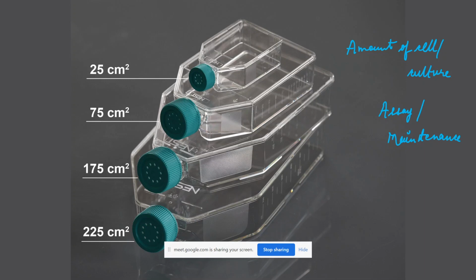So here, as you can see, the first flask, the top flask, is 25 centimeter square. The second is 75 centimeter square, and so on.